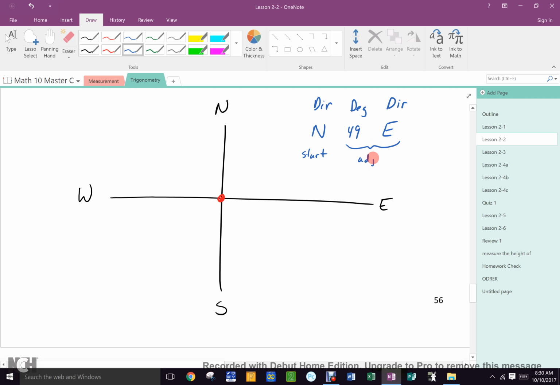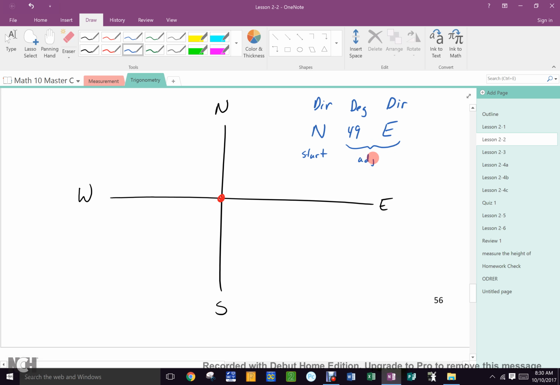Where would the 49 degrees be? It would be here. And then what would that make this side? The whole angle from north to east is what? 90. If this is 49 of it, what's this? 41. And now I have two triangles with which I could do trig.